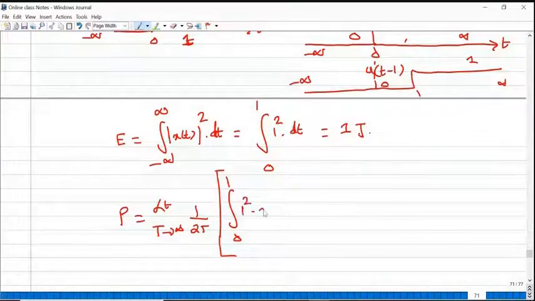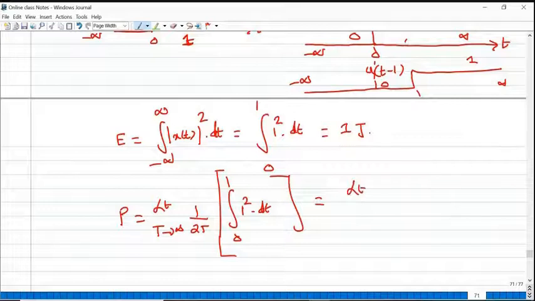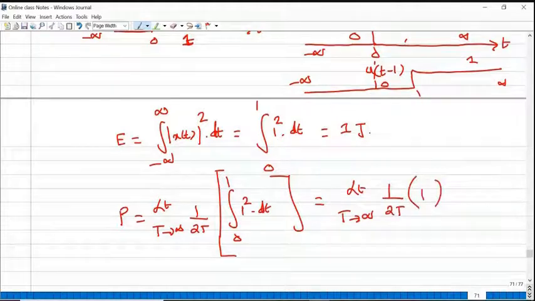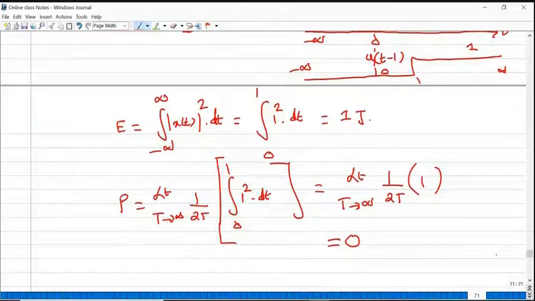So 1 squared dt. So limit T tends to infinity, 1 by 2T, your answer is 1. Okay, so now substitute T tends to infinity, 1 by infinity value is 0.